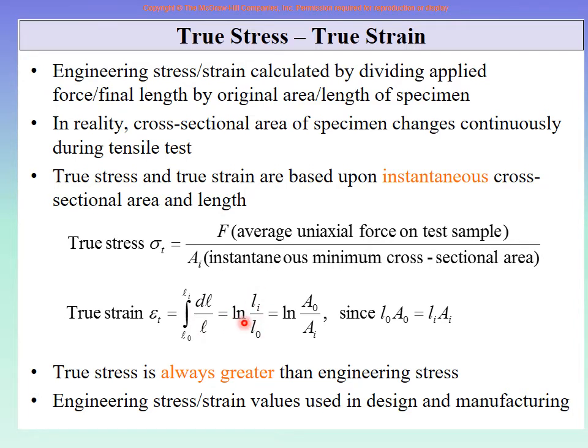This can also be written as ln of A naught upon A_i, and this is possible because the volume remains constant. Initial volume L naught into A naught is equal to instantaneous or final volume L_i into A_i. Therefore, L naught upon L_i is equal to this and that, right?